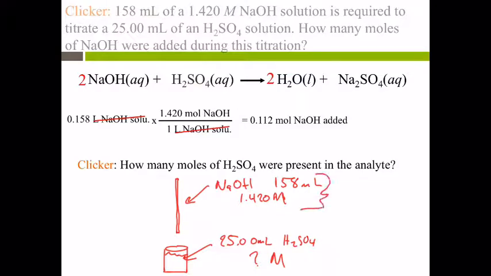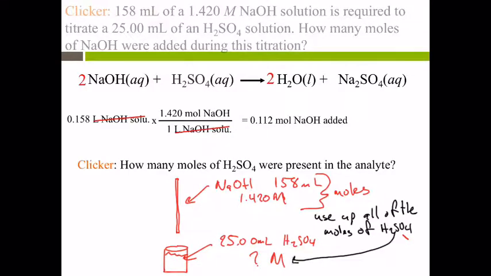However many moles were added here, these were enough to use up all of the moles of H2SO4. Since we know that this is moles of H2SO4 per liters of H2SO4, that's our definition of molarity, we know that we have 0.02500 liters.